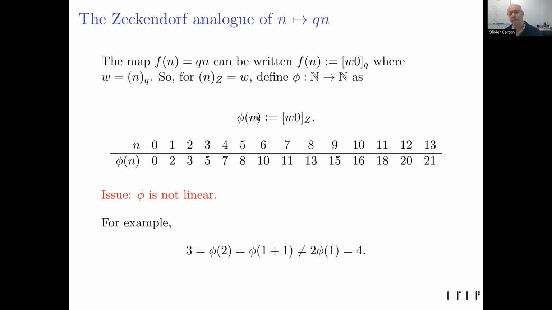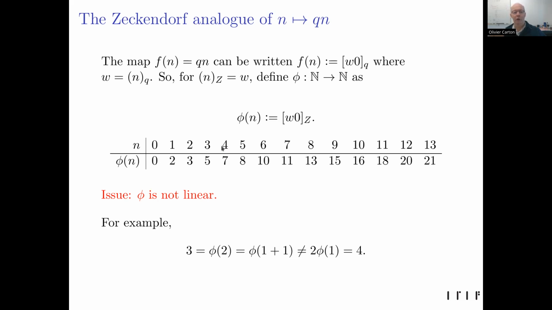For instance, if n is a Fibonacci number, it gives you, of course, the next Fibonacci number. So 1 is mapped to 2, 2 to 3, 3 to 5, 5 to 8, 8 to 13, and 13 to 21.